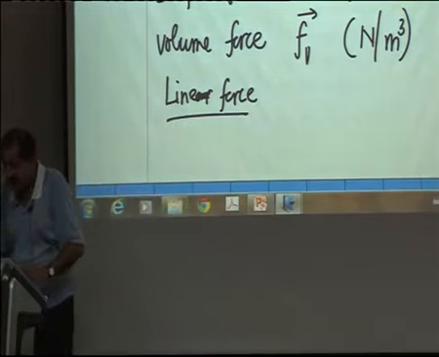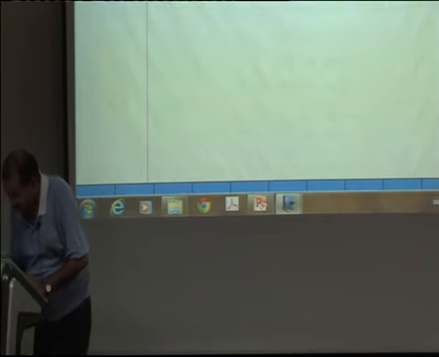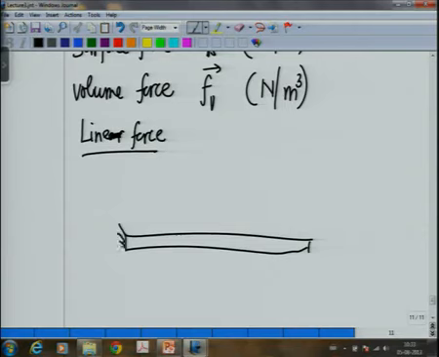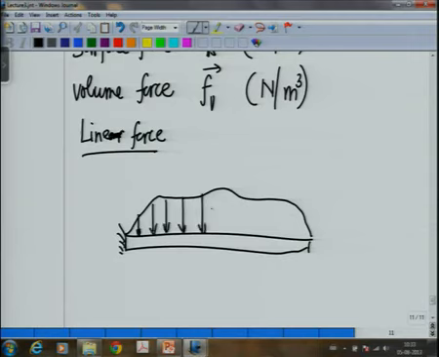Now let us look at a line force, a typical force. Suppose I look at a beam, and on this beam I have a distributed force.